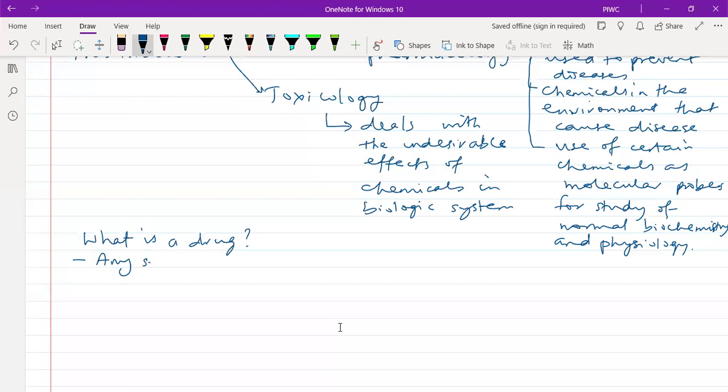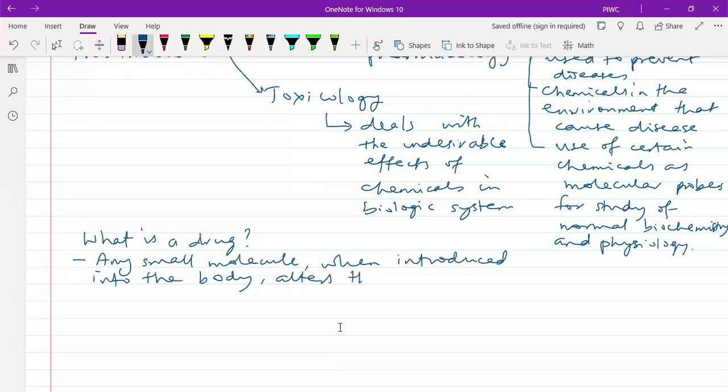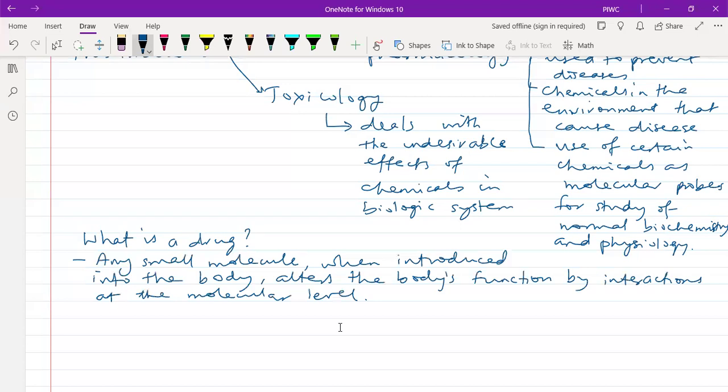Okay, any small molecule when introduced into the body alters the body's function by interactions at the molecular level. All right, so that's what we refer to as a drug.